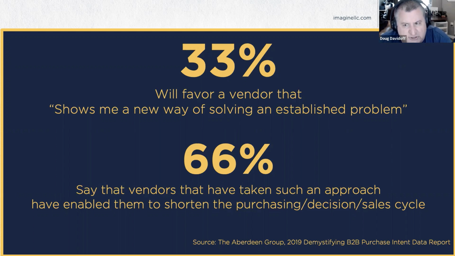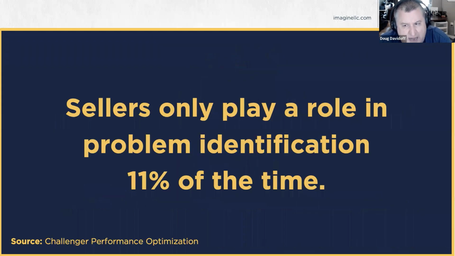Recent research done by the Challenger Performance Optimization Company, basically the spinoff of CEB when Gartner bought CEB, shows that sellers only play a role in problem identification 11% of the time, basically 1 in 10 times. Sellers are influencing problem identification 1 out of 10 times.